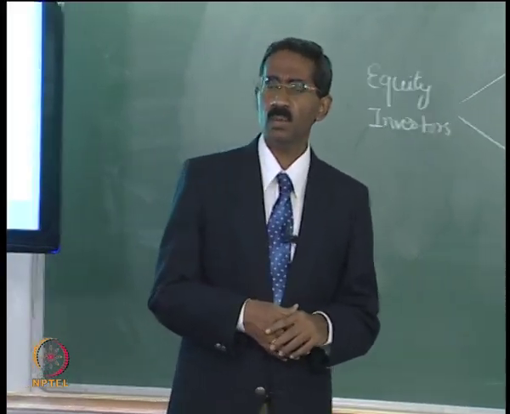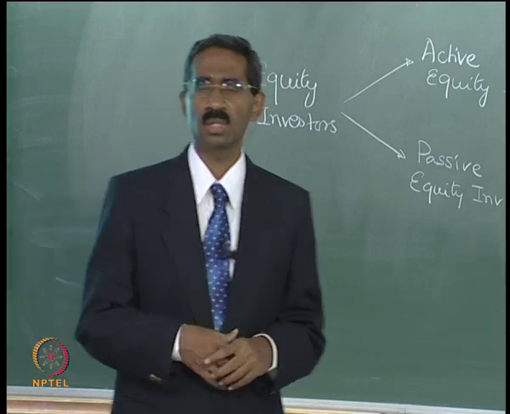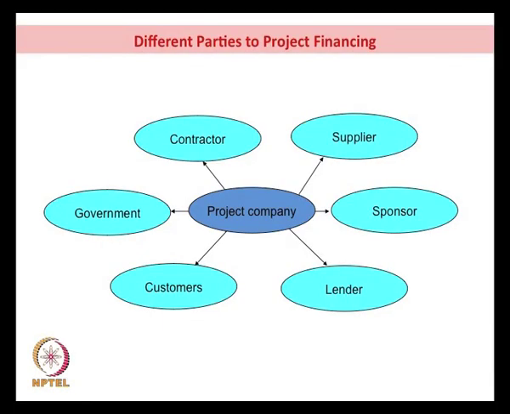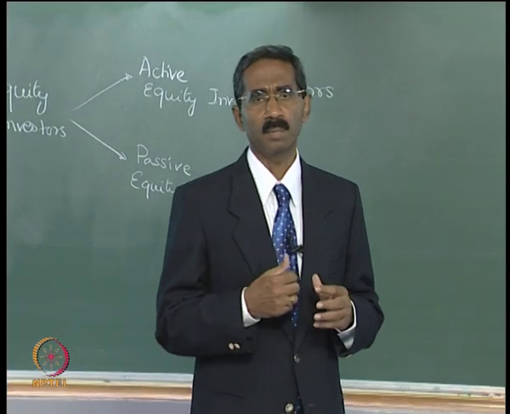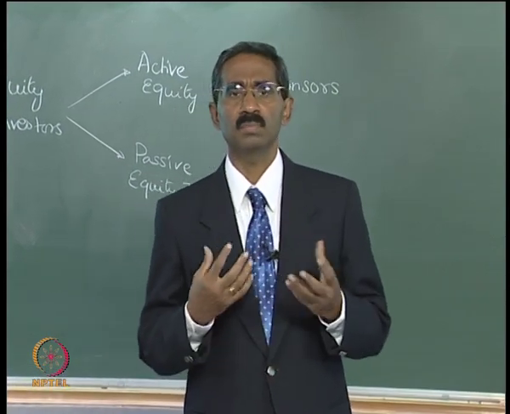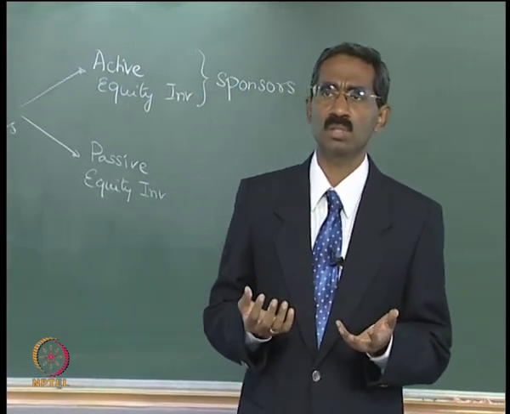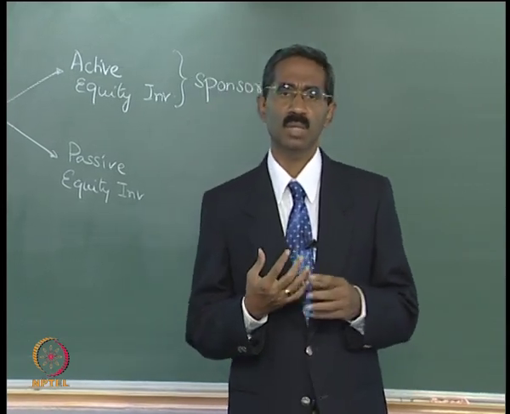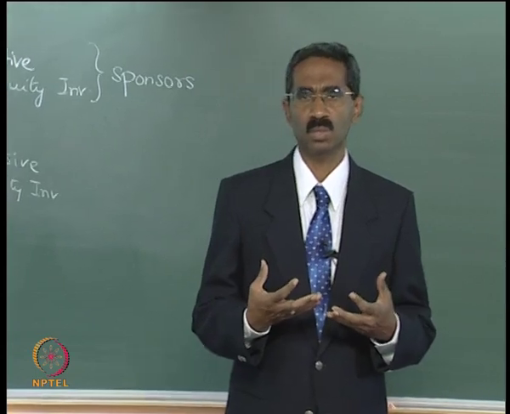And then you have your lenders. The agreement between the lenders and the project company is called a lenders agreement. The lenders agreement will specify, among several things, the conditions associated with the loan, and the compliances and covenants that the project company will have to meet during the term of the loan, and so on.